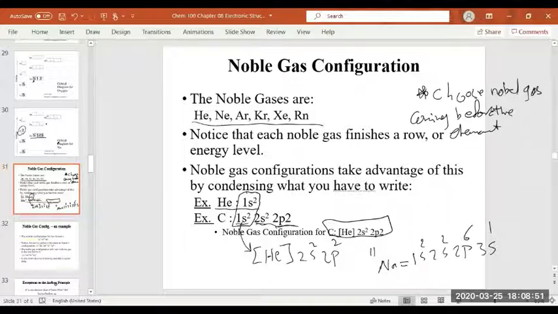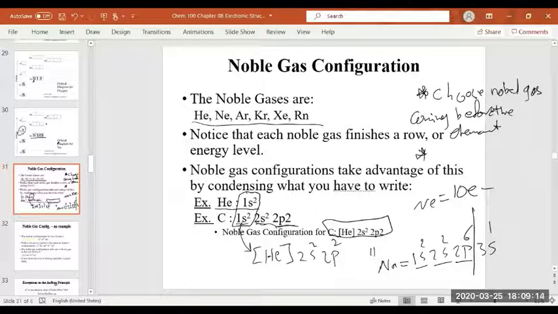Now, how many electrons does neon have? 10 electrons. Neon has 10 electrons. So here you will start to count 10 electrons. This is 2, 4, 6, 10. So that's what we have.